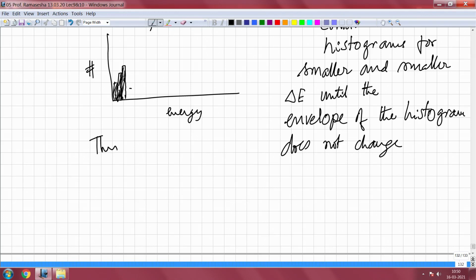These density of states plots can be made for different bands.